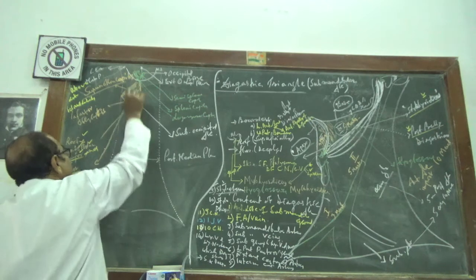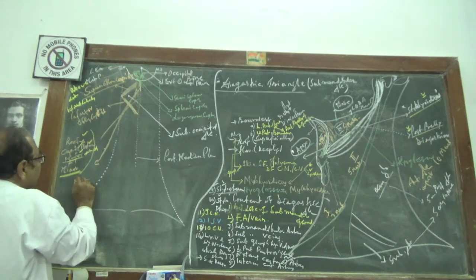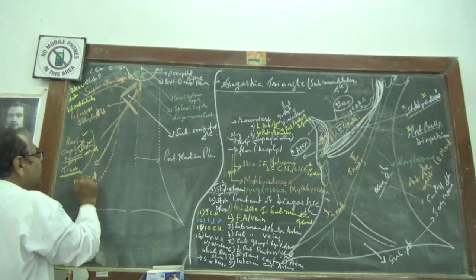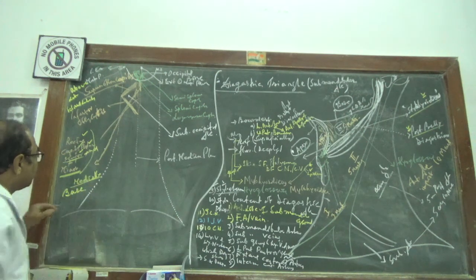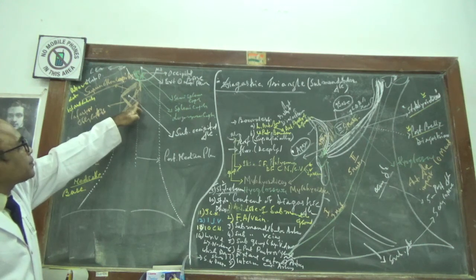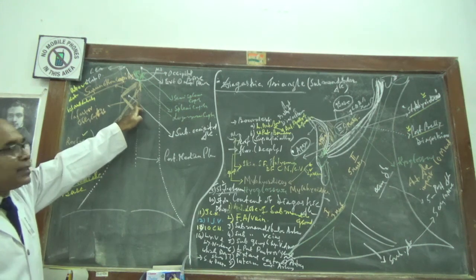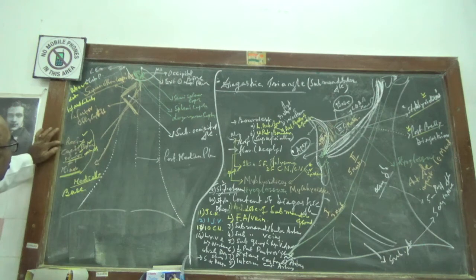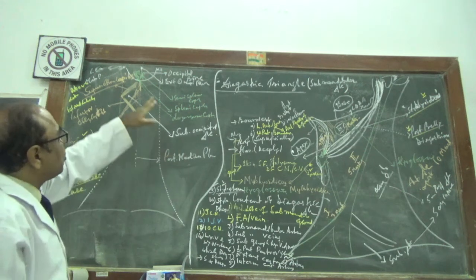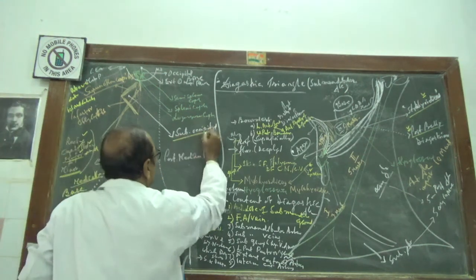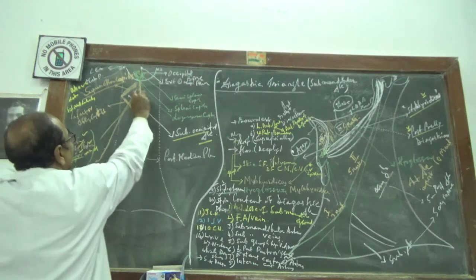So medially, it is the base, which is formed by rectus capitis posterior major and rectus capitis posterior minor. The medial one is said to be the base for this suboccipital triangle.